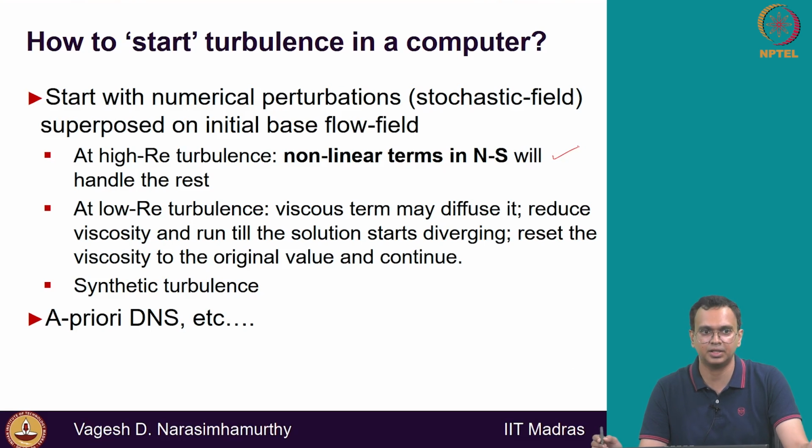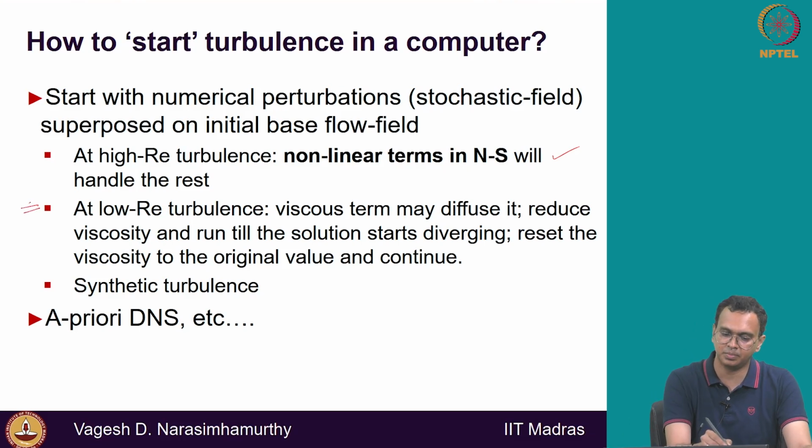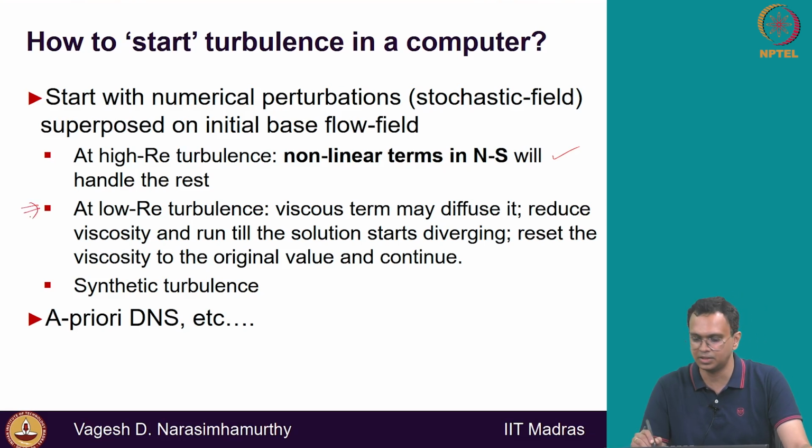But DNS is usually done at low Reynolds numbers, maybe like 10,000, or maybe if you're lucky, 50,000 or so. Very low Reynolds number, right? So at low Reynolds number turbulence, this is a big problem. Turbulence is not easy to generate. That's because the viscous term will diffuse whatever perturbations you are adding, the numerical oscillations that you give as the initial flow field.